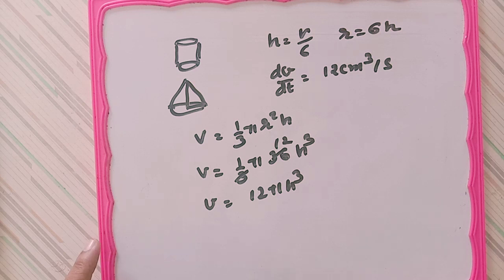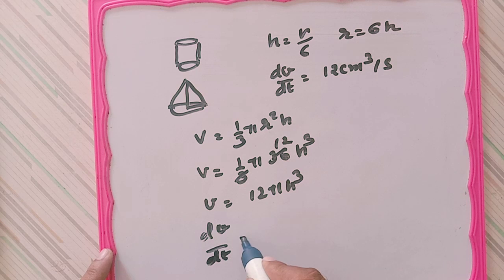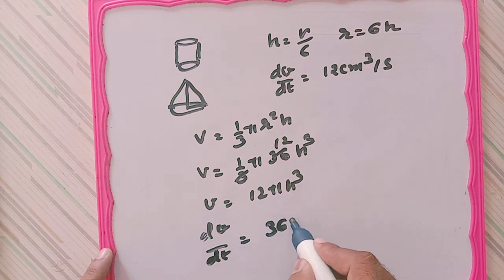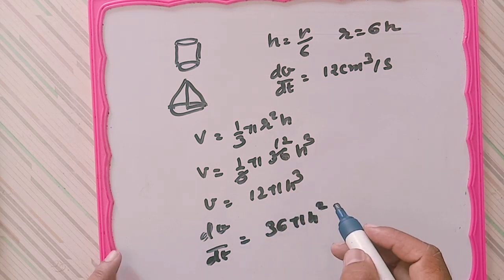Now with respect to time we take the differentiation, then dV/dt equals 36 pi h squared.